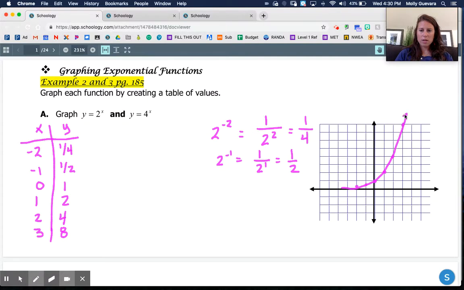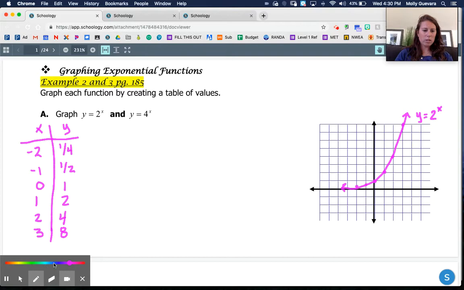So there is my graph. And I'm going to make sure to label this. Y is equal to 2 to the x. So there's my graph. Okay, now I'm going to do 4. So I'll switch up the color here.